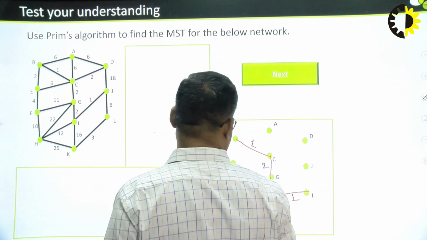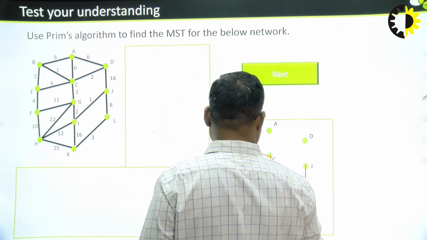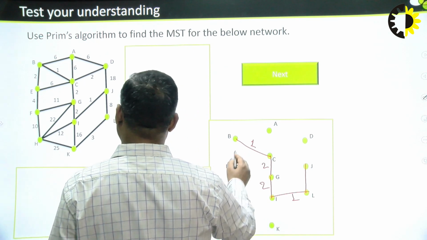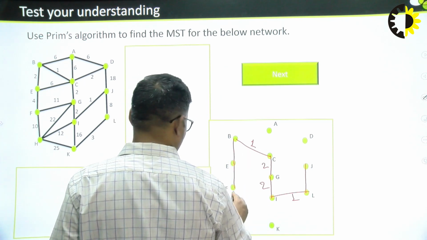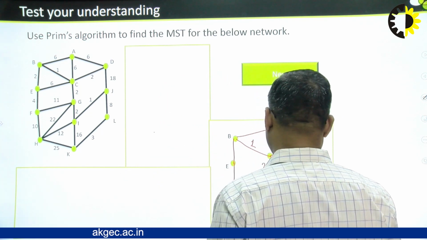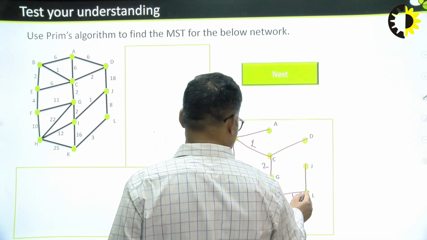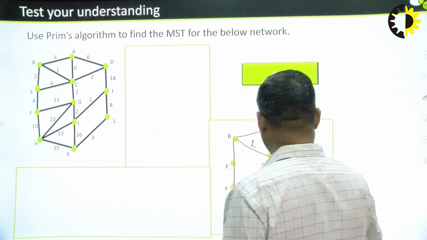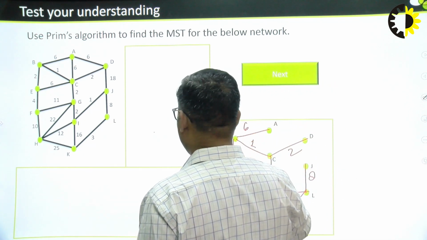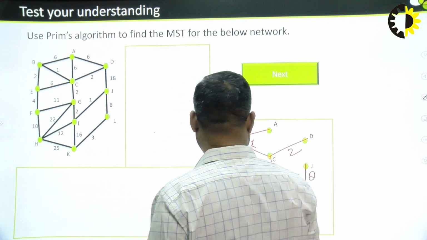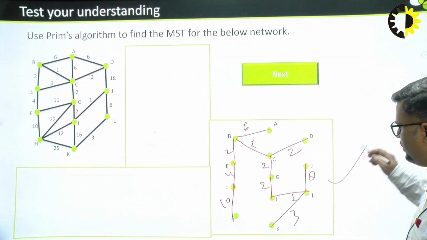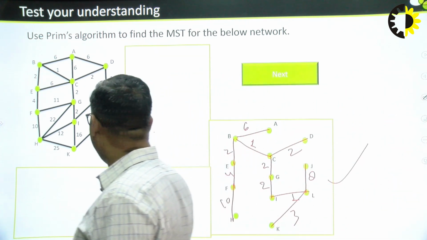Then JL. Then again 2, 8, 2, 6, 2, 4, 10. 10 plus 4 plus 2, then this is the solution. The same procedure we will apply here.